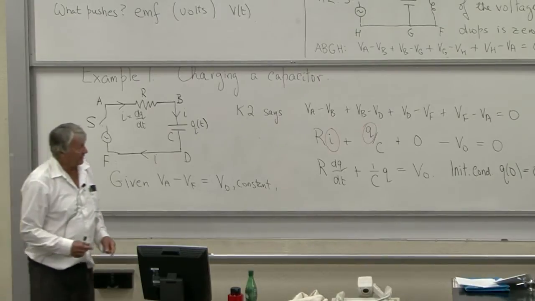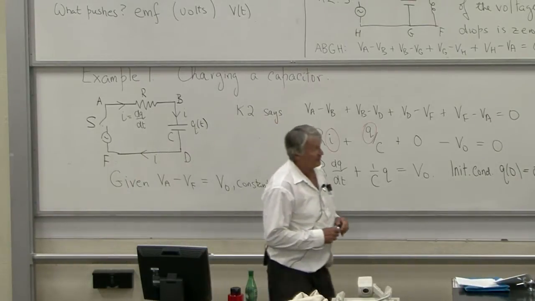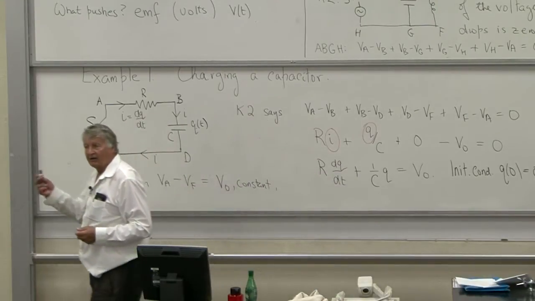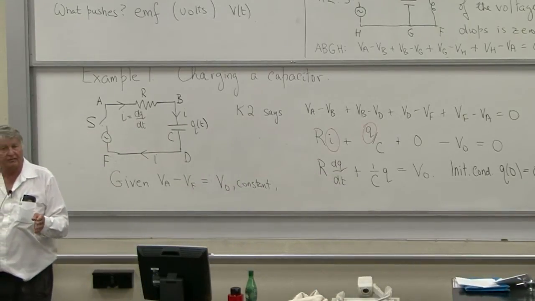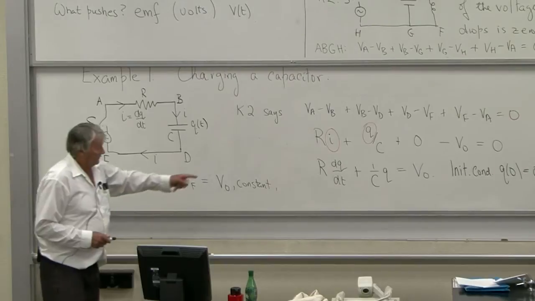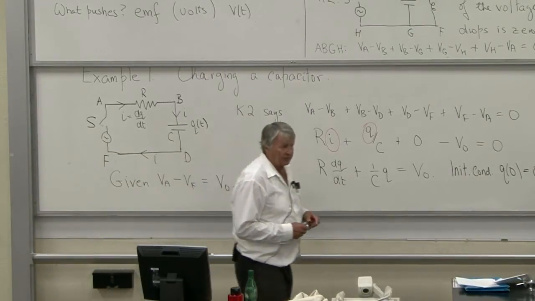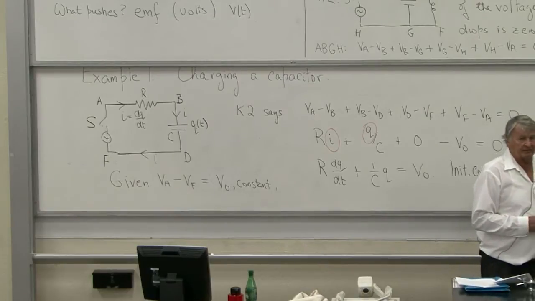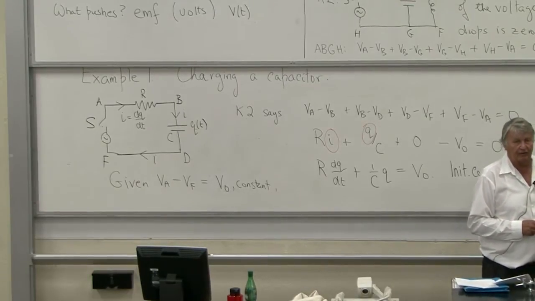That, and the circuit elements and how they relate current and charge to voltage difference across that circuit element. That's all you need. Now we come to differential equations. We shall solve this. This is a first order linear equation.